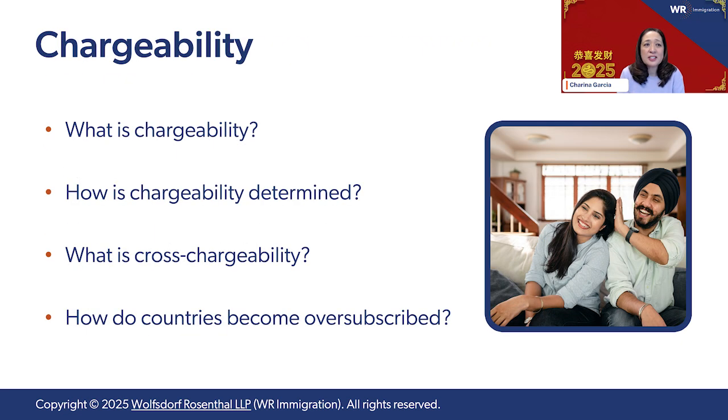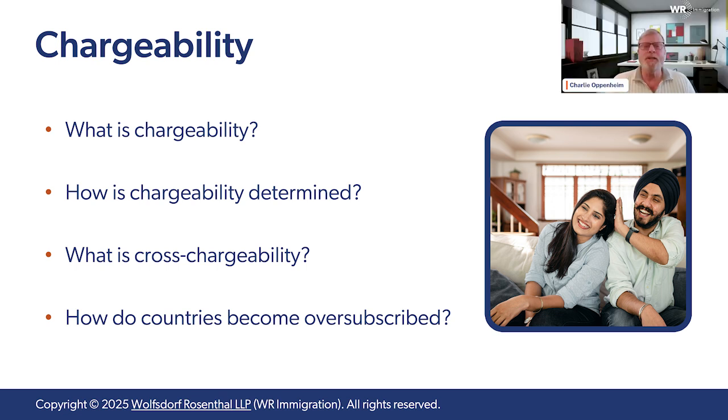Okay, chargeability. That's a lot of questions because we get people who say, "But Charlie, I was born in China, but I am a citizen of Canada. Why can't I use Canada number?" Right. The chargeability, everybody needs a chargeability because, as I mentioned, there are per country limitations on the amount of visas. They don't want country X to use all the numbers at the expense of all the other letters of the alphabet.